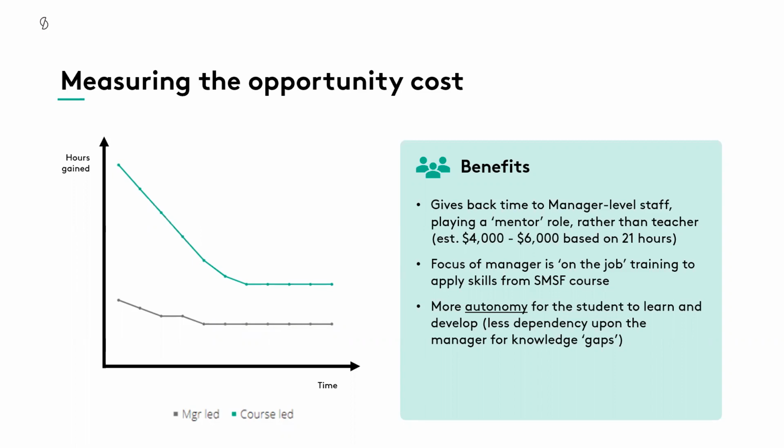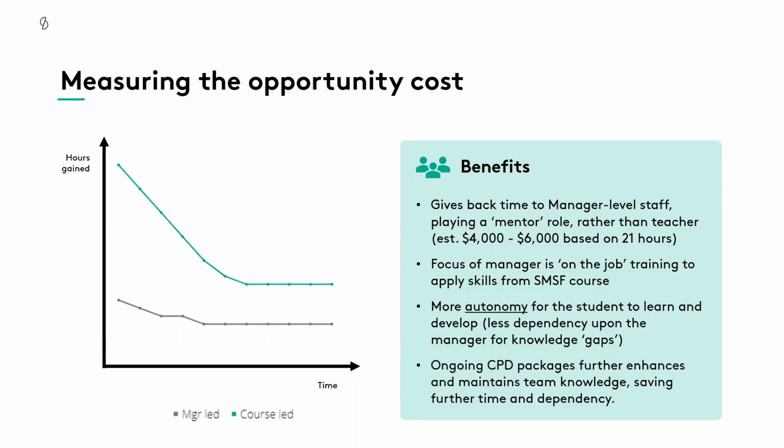So it's that applied knowledge. It's opening up other time to other activities for managers, for the staff to then utilize those resources. And you can see there exactly what that gap between that black line and the green line is what this course is able to fulfill.